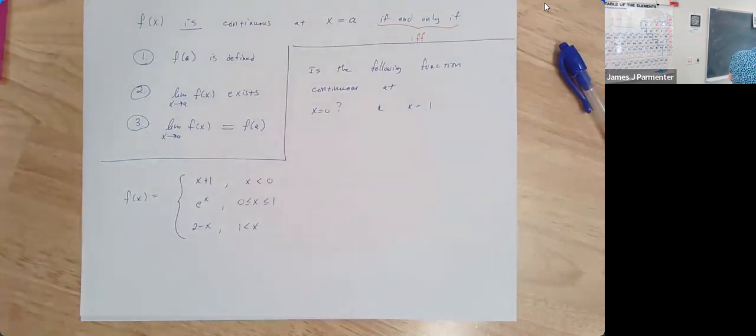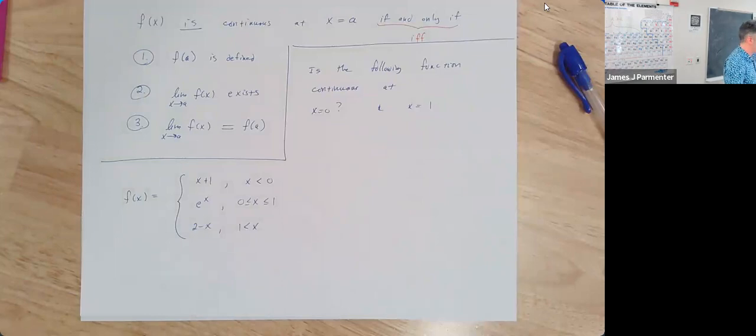I will say a few things before we do this. Lots of functions on their own are continuous everywhere. Any polynomial is continuous everywhere. Any exponential function like e to the x or 2 to the x is continuous everywhere. Sine and cosine are continuous everywhere.